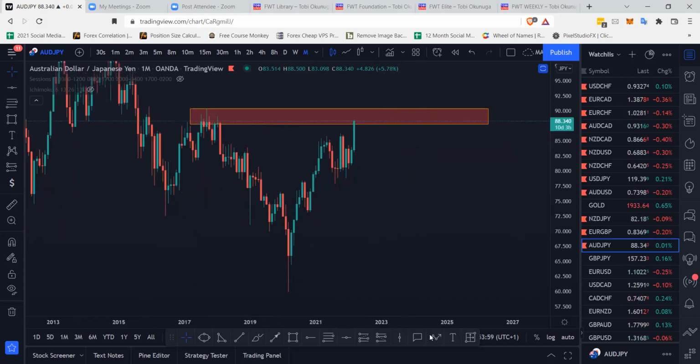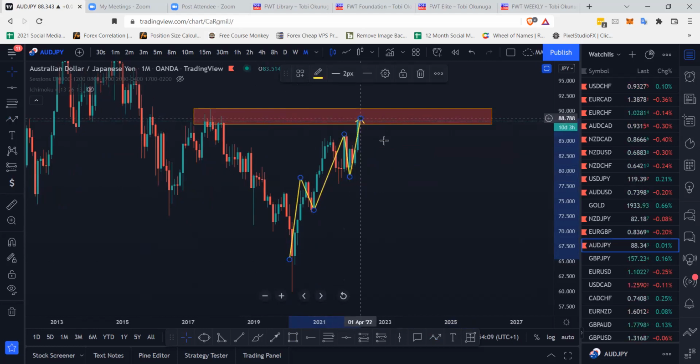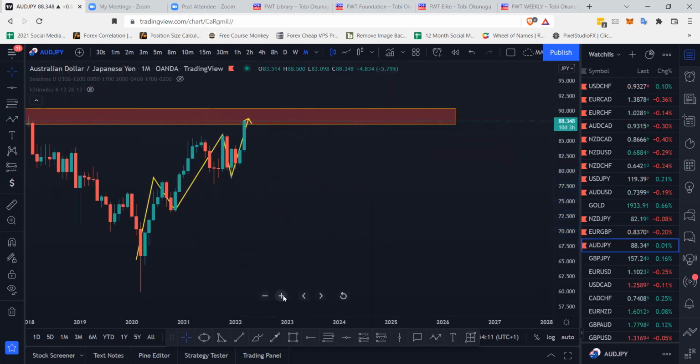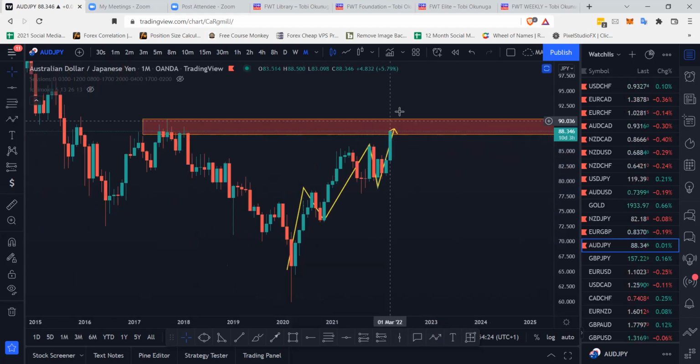And we're also seeing this impulse, correction, impulse, correction, and then we are seeing the break of structure. After a higher high, we're expecting a higher low. So for the higher low to happen, a supply zone has to push price.